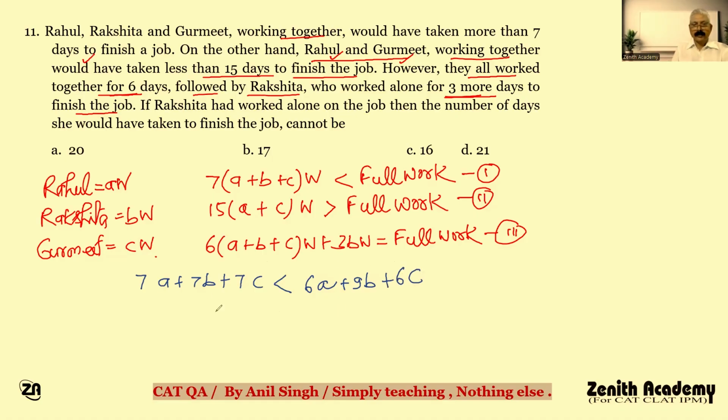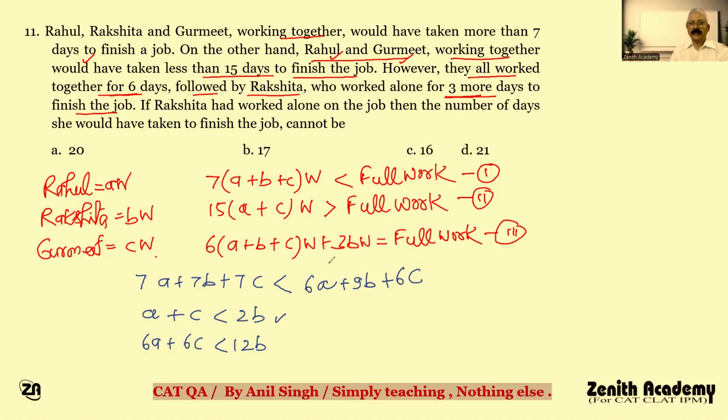Means 7A minus 6A is A, 7B and this 9B, 7C minus 6C is plus C. So look here, it means A plus C is less than 2B. If I multiply it by 6, it means 6A plus 6C is less than 12B, right?